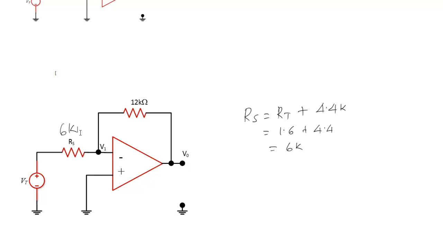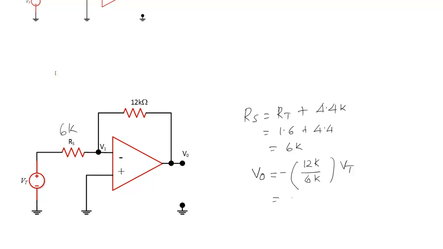So if we want to calculate V sub 0, it's very simple now, because what we see here is an ideal inverting amplifier configuration. For the inverting amplifier configuration, we know the output voltage V sub 0 equals the ratio of the two resistors, feedback resistor 12k over feed forward path 6k, with a negative sign, multiplied by V sub t.